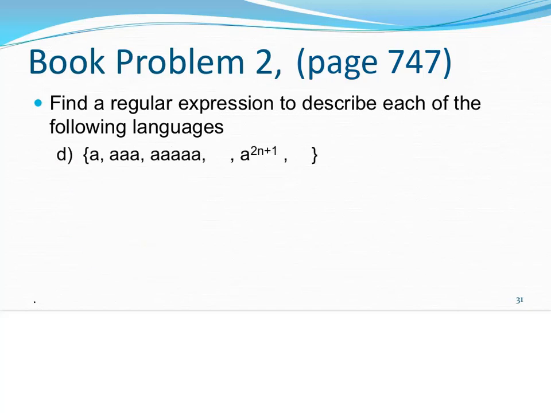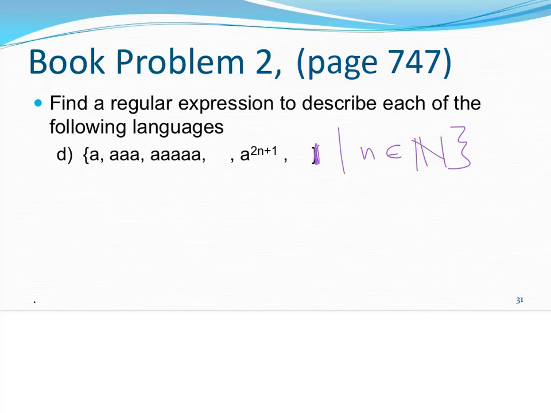So now take a look at this one. What do you see? We've got a single A, and then we have 3, and then we have 5, and it says A to the 2n plus 1. And I guess really this should say somewhere in here, such that n is an element of the natural numbers. So we've got 1 A, we've got 3, we've got 5.